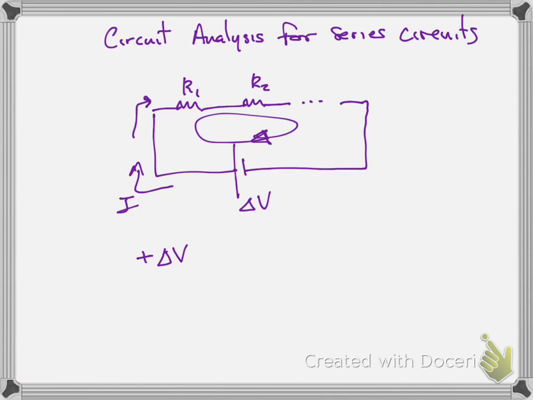Although if it's in a more complicated circuit, it may not be, but the things in series all have the same current. So let's just go ahead and write delta V minus I R1 minus I R2 minus I R3 minus dot, dot, dot. And I actually don't have R3 here.